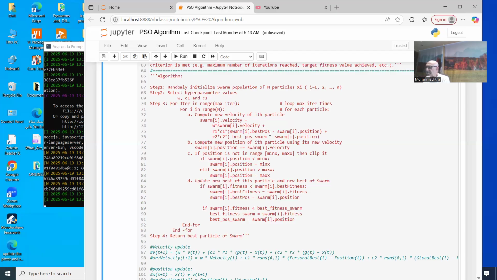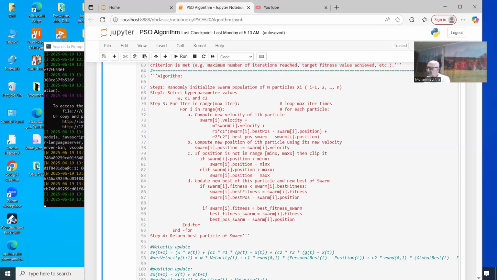The second term is called the cognitive term. It is the result of the product of two constants, R1 and C1. C1, now we know it, we have defined it. R1 is also another constant value randomly selected between 0 and 1.